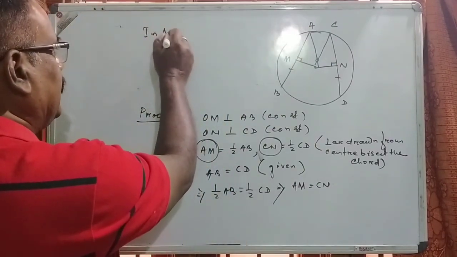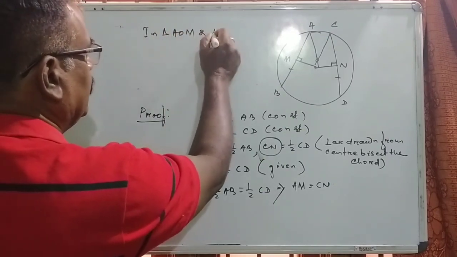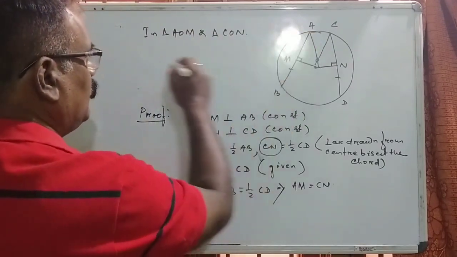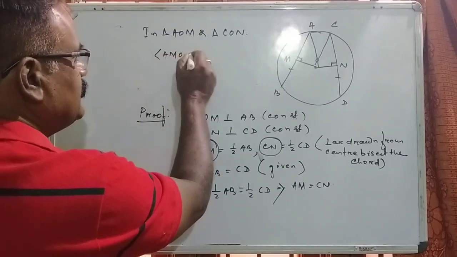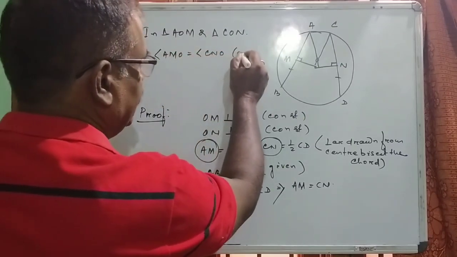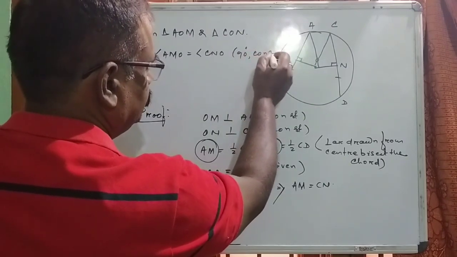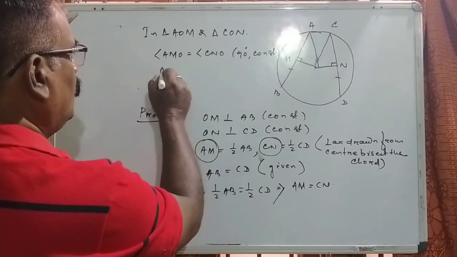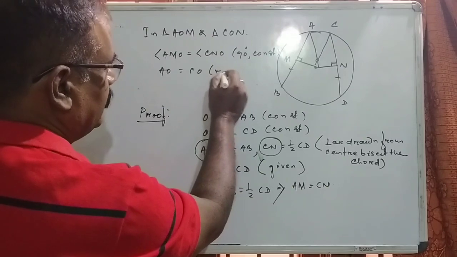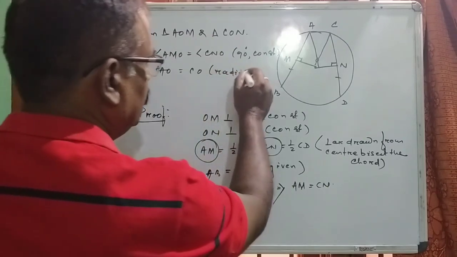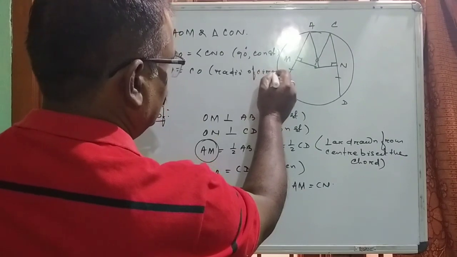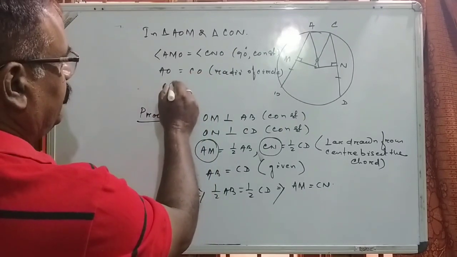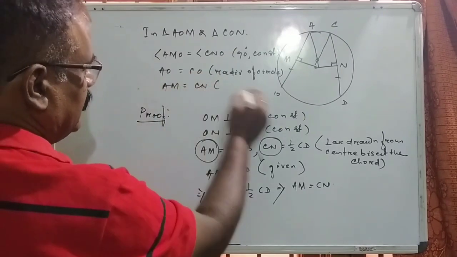If we compare triangle AOM and triangle CON, we have angle AMO equal to angle CNO, that is 90 degrees, given by construction. Then we have AO equal to CO, as radii of the circle, and at the same time this is also the hypotenuse. And at the same time AM is equal to CN, which we have proved.